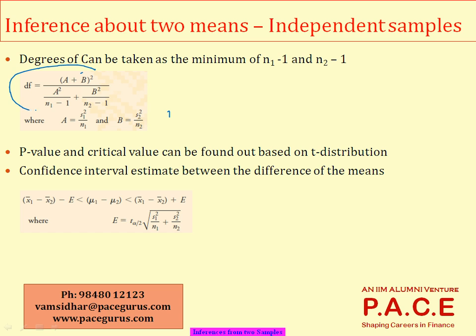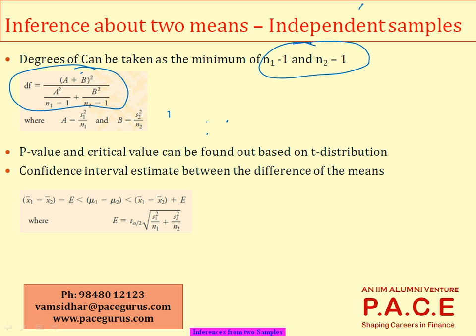slightly complex calculation of the degrees of freedom. Again, different tools use it in different ways, or if you are using Excel, you can directly plug in this formula and try to compute the degrees of freedom. So there is no point in memorizing all these things, but a simpler way of getting the degrees of freedom for this kind of approach is to take the minimum of n1 minus 1 and n2 minus 1.